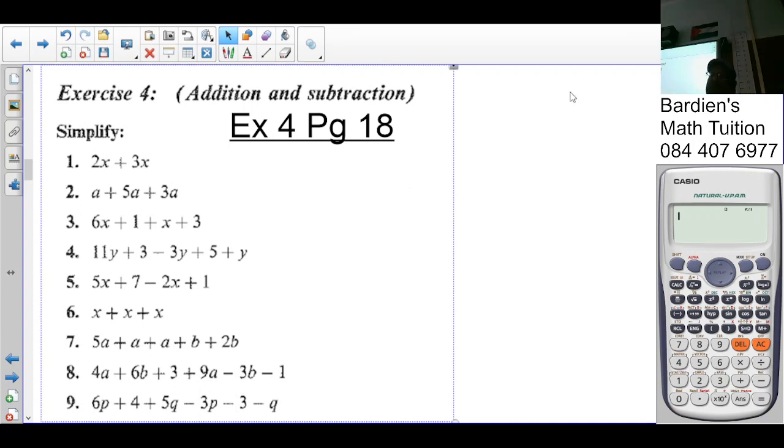At the end of the day, people, this education is in your own hands. When you get your final result in grade 12 and you have done maths, it doesn't say you got 20% for maths and Mr. Bardin was your teacher. No. It's just your name, your ID number, and your maths result.